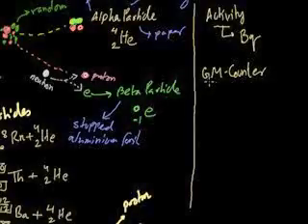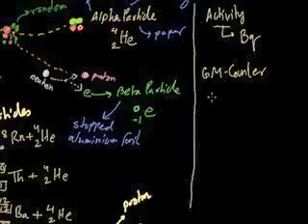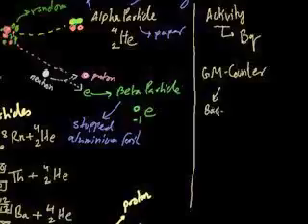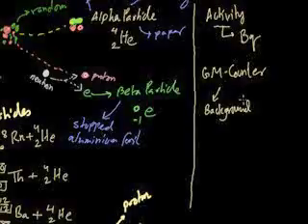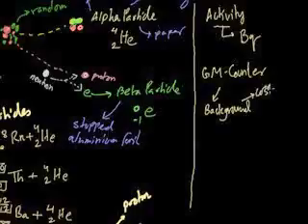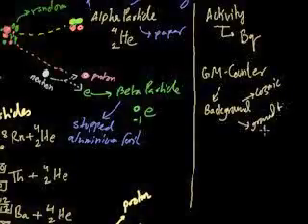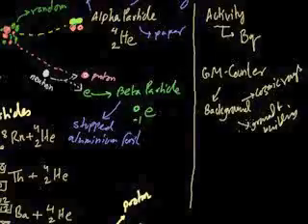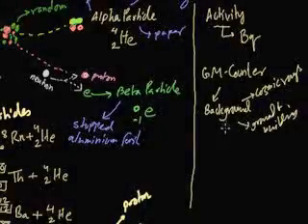The GM counter counts the activity, meaning the radiation that is going on. One thing is that if there is no radioactive particle present, the GM counter will still give some radiation because there is something called background radiation that always goes on. Background radiation is radiation coming from the sky, called cosmic rays, and also from the ground of the earth, called ground and building radiation. So cosmic rays and ground and building radiation are the primary sources of background radiation.